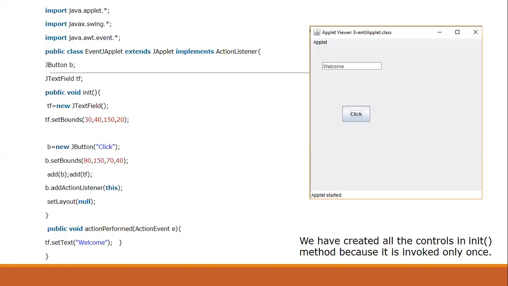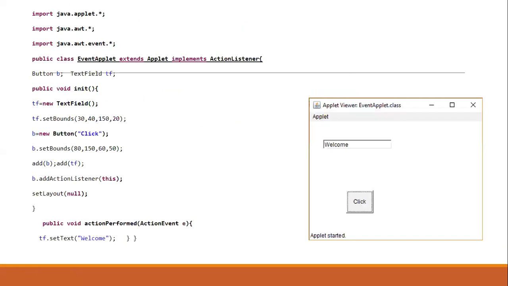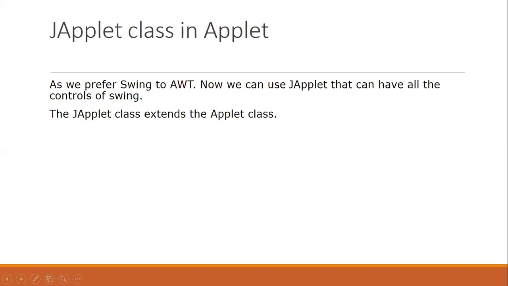In this case, as we have used the simple AWT, we have used text field and button. Now if you are using swing, our class name will become JApplet. As we prefer swing over AWT, we are going to use the same program with the help of swing. So we are going to use JApplet.